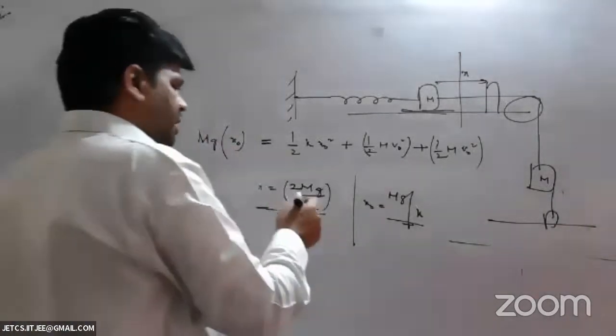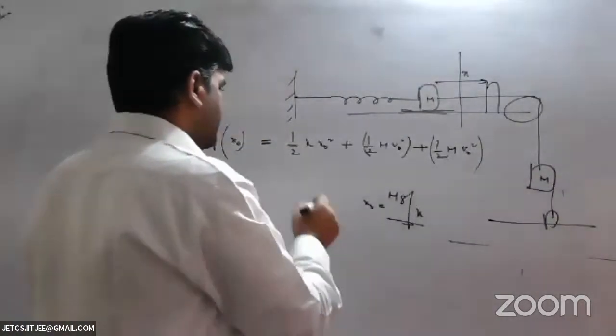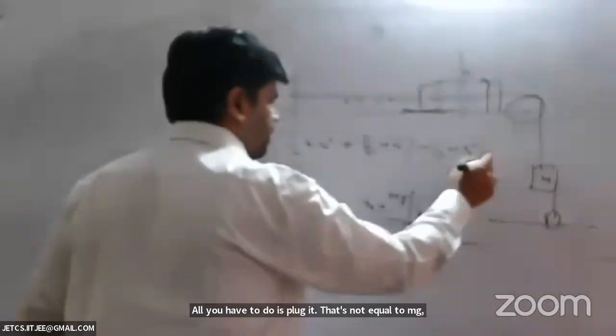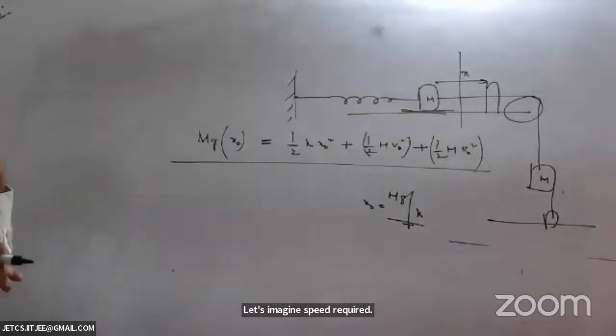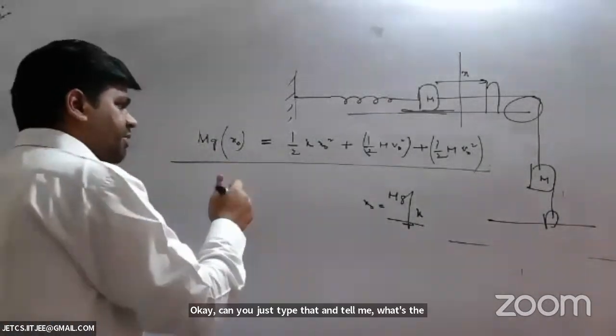All you have to do is plug x naught equal to mg by k in this one. You'll get the maximum speed required. Can you plug that in and tell me what the maximum speed is? I'll further simplify.